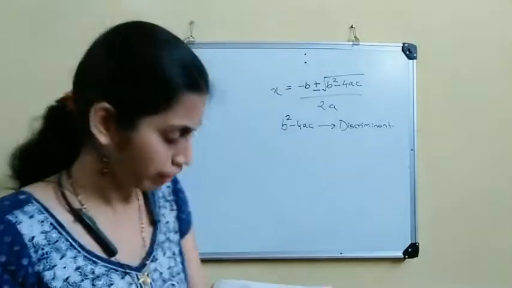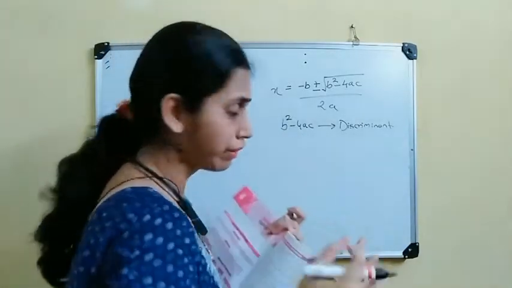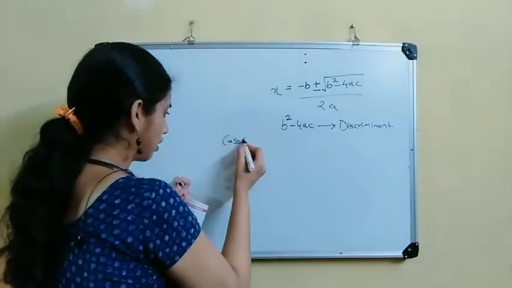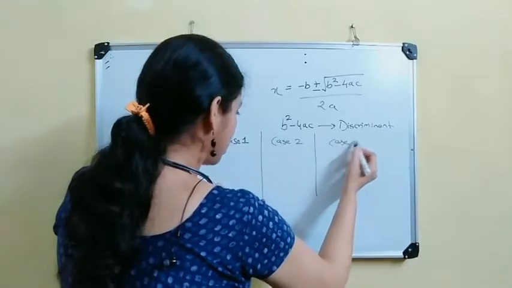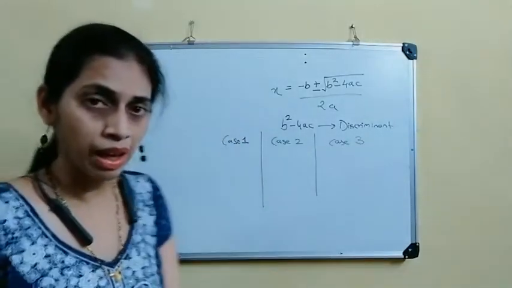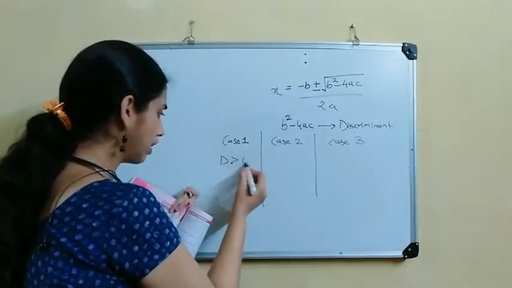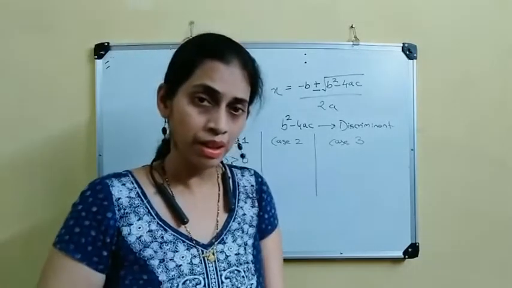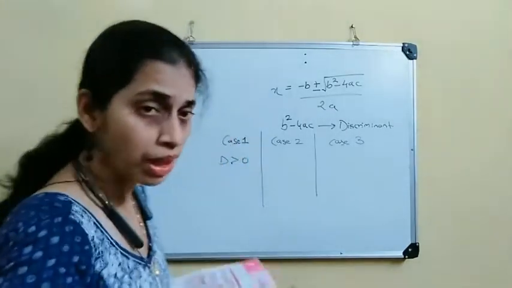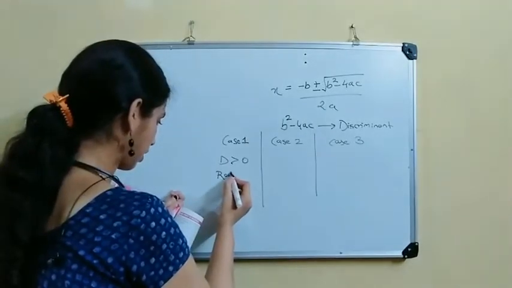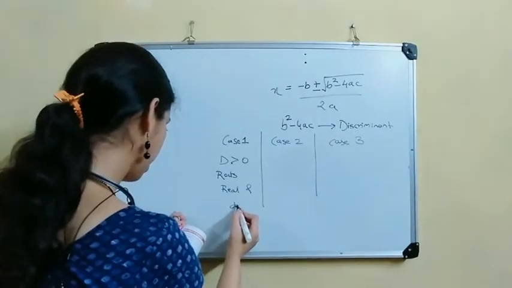There are three cases, students, mind well. Case 1, case 2 and case 3. Under case 1, if the discriminant d is greater than 0, then the roots are real and distinct.